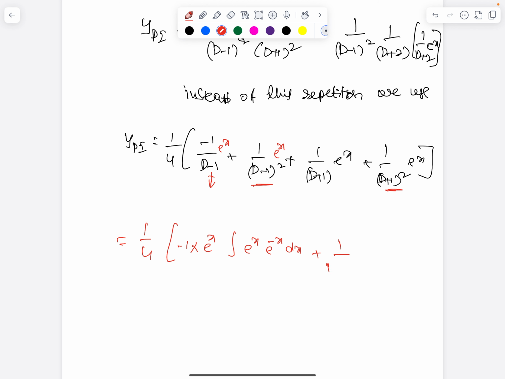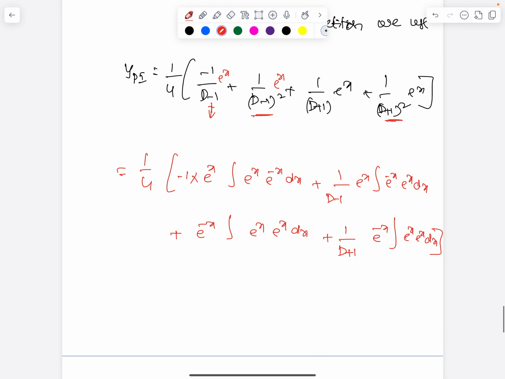First you can apply, and it is giving e power x integration e power minus x e power x dx, and the other one is e power minus x outside and e power x inside e power x dx, and plus 1 by d plus 1 into one integration only I am applying. So, e power x into e power x dx.